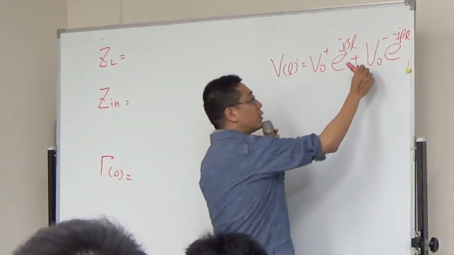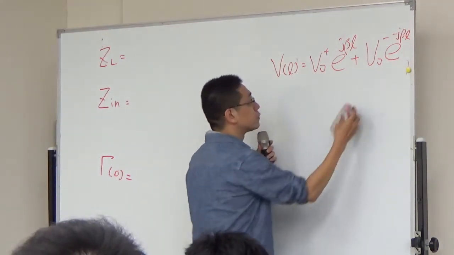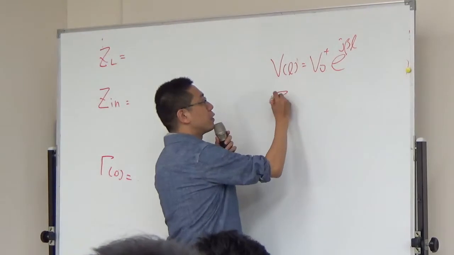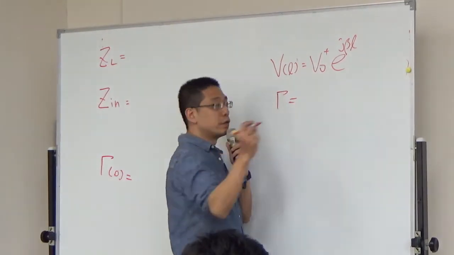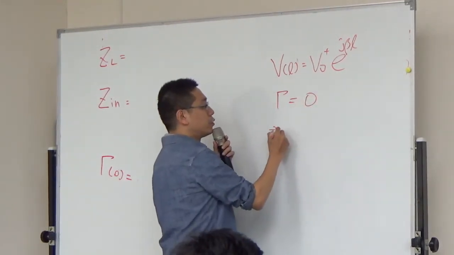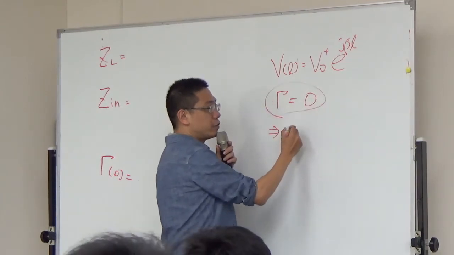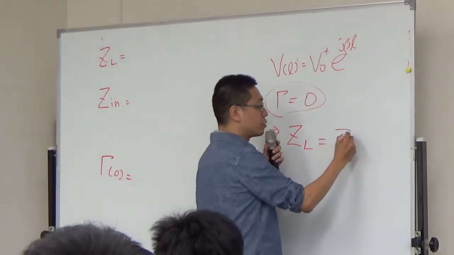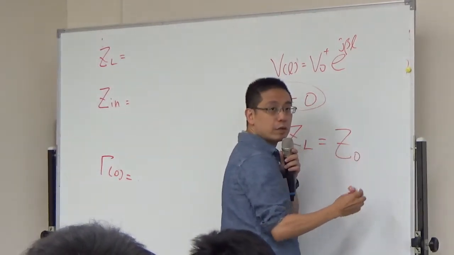If I don't want this term, that means your gamma equals 0. To make gamma equals 0, you need to make ZL equal to Z0.